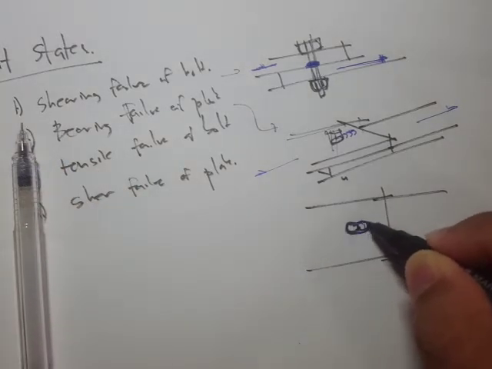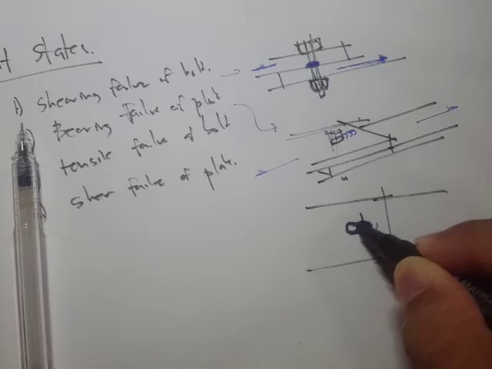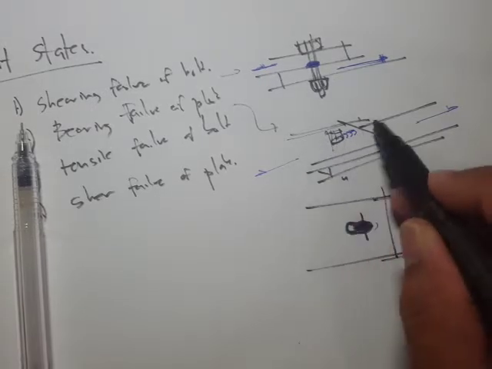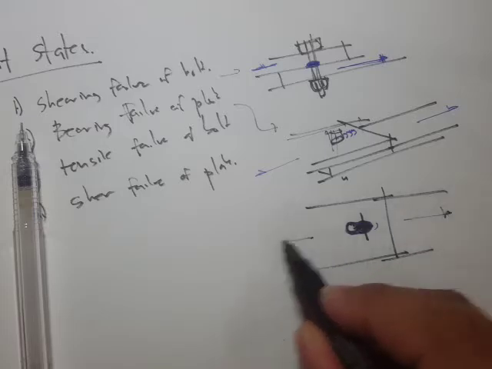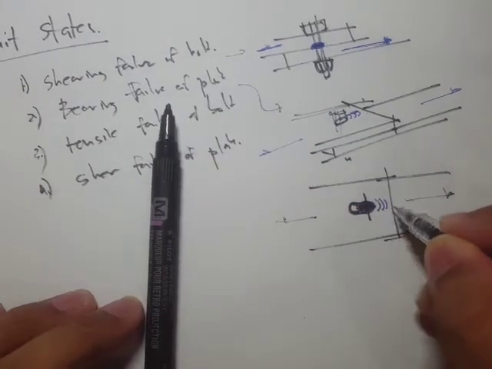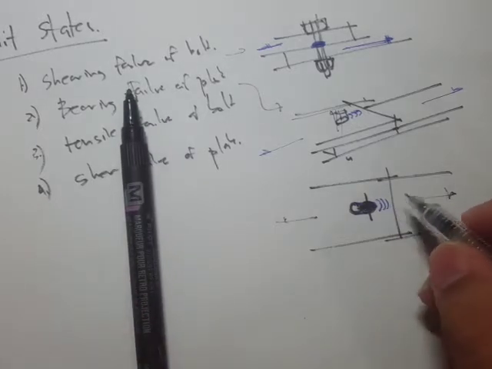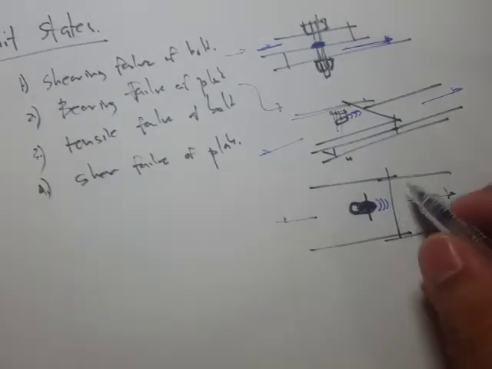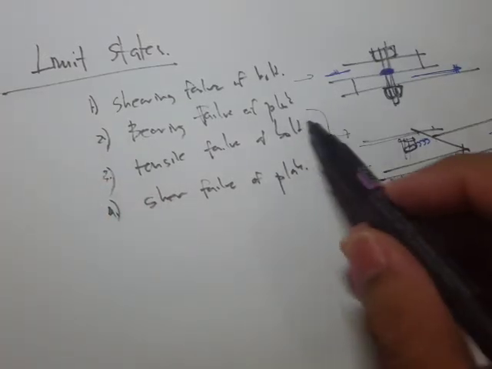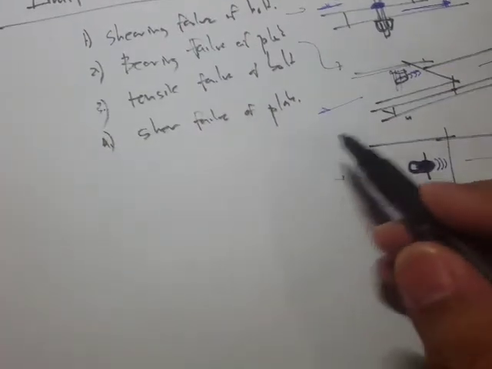The bolt starts here, but because of the load, it ends somewhere right here, and it is pushing this hole towards that direction. So the plate itself is failing in bearing. Okay, so that's one failure.